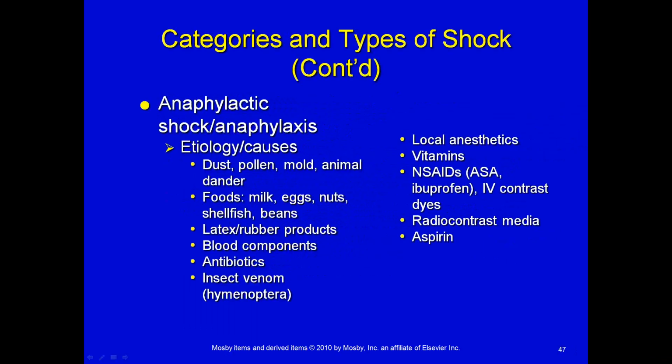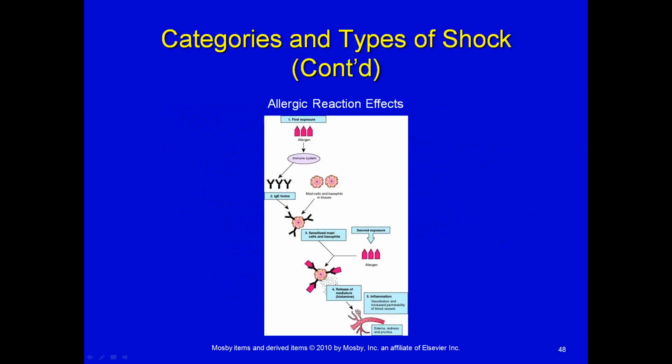Antibiotics, particularly penicillin, Hymenoptera envenomations, in other words, being stung by a bee. Local anesthetics, they can be allergic to. Vitamins, NSAIDs like aspirin, ibuprofen, IV contrast dyes, radio contrast media, and again aspirin by itself.